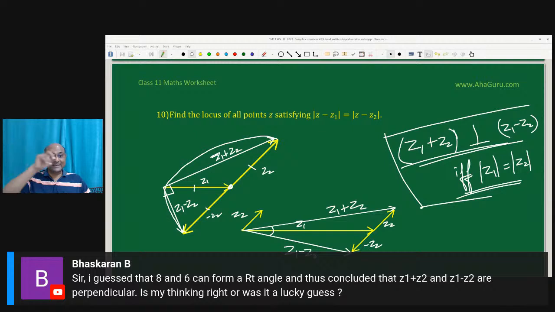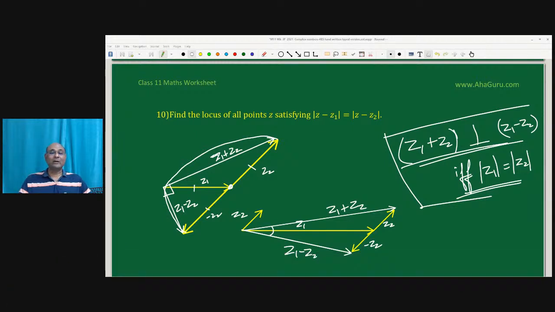But if Z1 plus Z2 was not 10, Bhaskaran, then it wouldn't have been a right angle triangle. So you have to be careful with that. Complex numbers are used in Fourier transformation. Yes. Okay, let's go look at question number 10. You guys are not doing complex numbers. You're asking me other things.